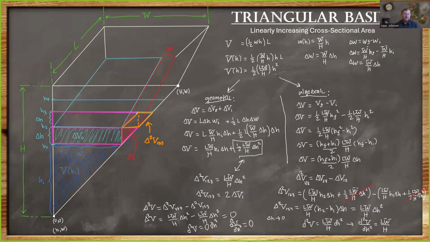If this is the shape of delta 2 of 1, 2, 3, the shape of delta 2 of 2, 3, 4 is also 2 of those triangles, which we've already established have the same area or the same volume so long as delta H is the same. So really at that point, we're just subtracting 2 parallelograms from each other of the exact same size. So this is a reduction of order in the differences that we're seeing. And it leads us perfectly into something new.